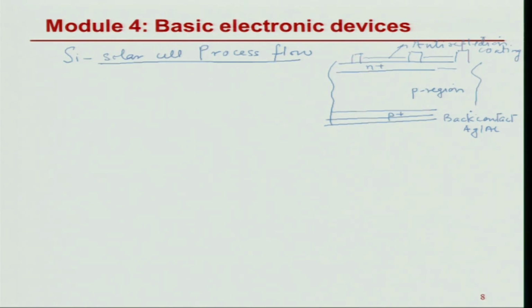So for any actual application, one has to increase this number by putting lots of cells together, and that is a module. So from single cell, we then develop the module, which also has its own technical issues, but that is the main point. So let us think of only a single solar cell and how we will fabricate that.